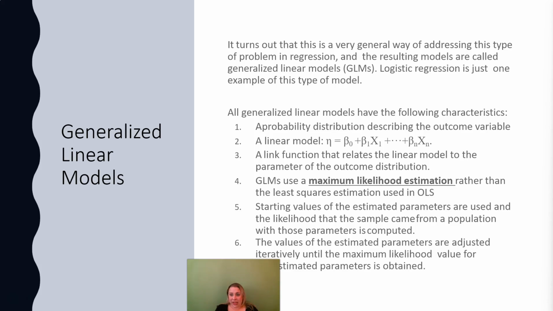Then the values of the estimated parameters are adjusted iteratively until the maximum likelihood of the value with the estimated parameters is obtained. So the maximum likelihood approach is going to try to find the estimates of the parameters that make the data that you actually observed also be the most likely.